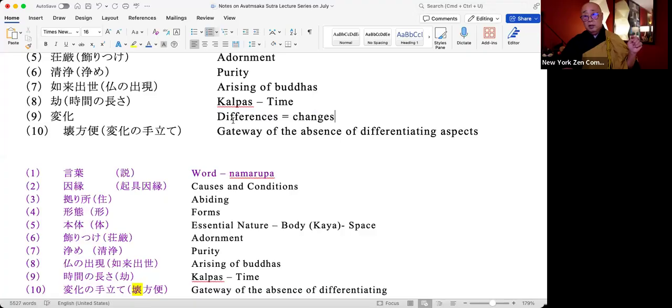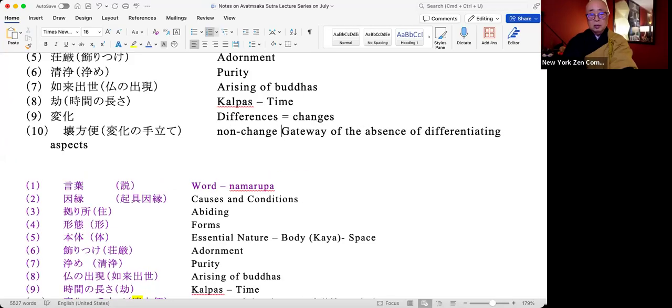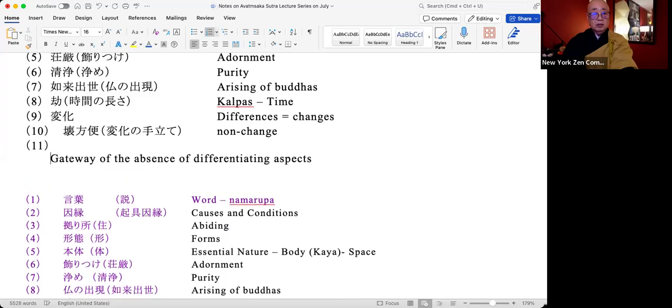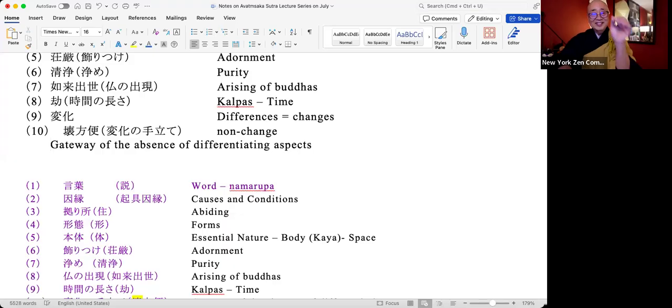And talking about the changes, in other words, talking about impermanence, was a skillful means by Gautama Buddha for the people who really need to understand the Dhamma one by one, step by step, at an elementary level. And now we are actually breaking through this. So this is basically non-change.